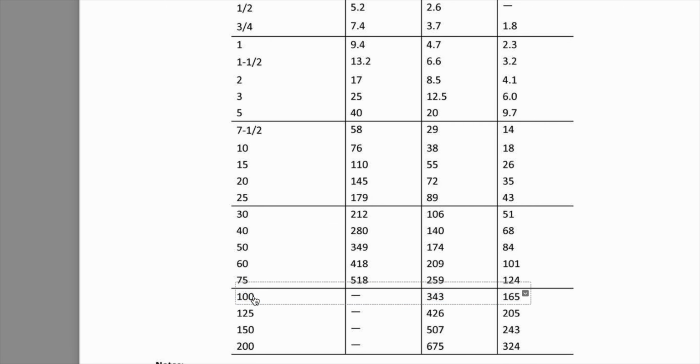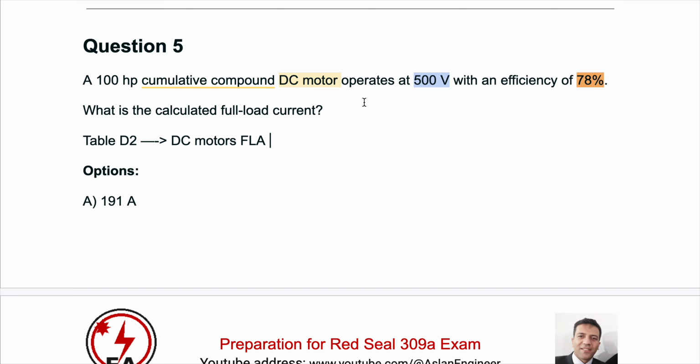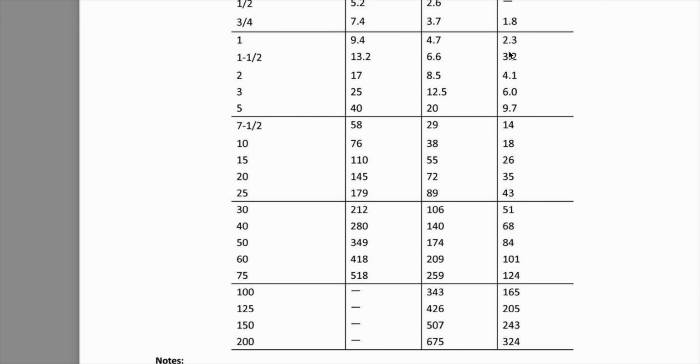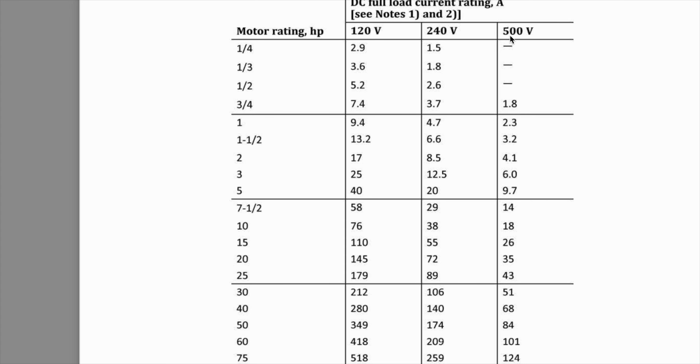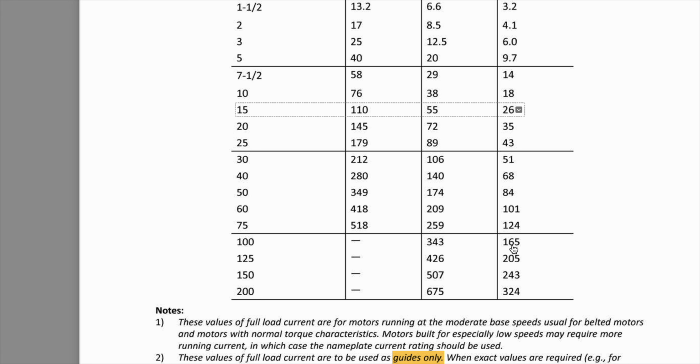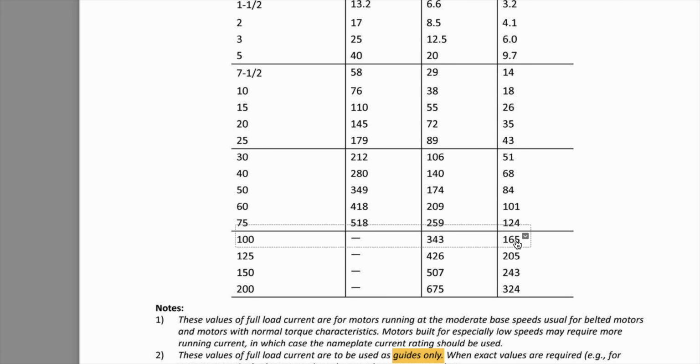And for what voltage? 500 volts. So for 500 volts, the last column, and 100 horsepower, 165 is the ampacity for this DC motor.